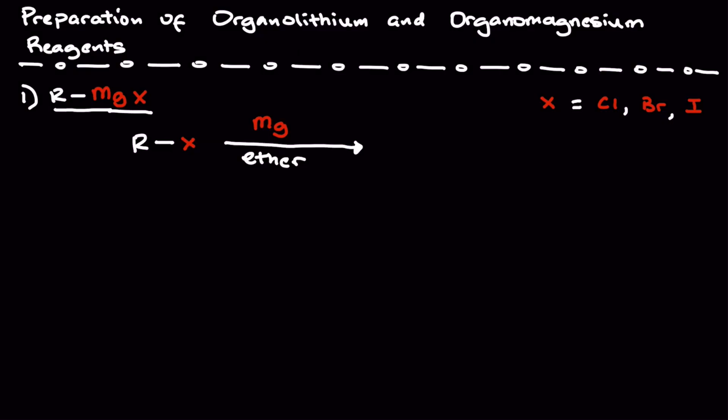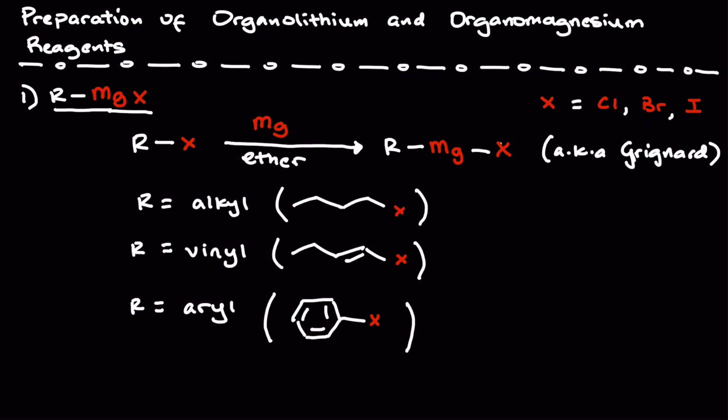What you're going to end up forming is the organomagnesium complex, also called a Grignard reagent, where the magnesium has inserted into that R-X bond. Here, once again, R could be an alkyl, a vinyl, or an aryl group on your halide. Similarly to organolithium, this is a pretty versatile reaction that could form quite a bit of reagents.